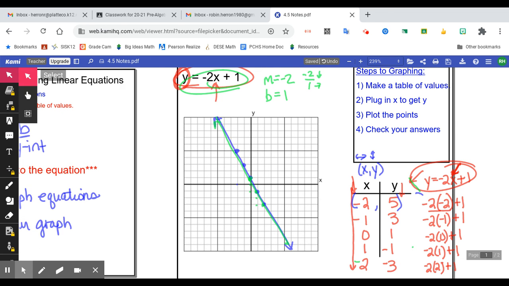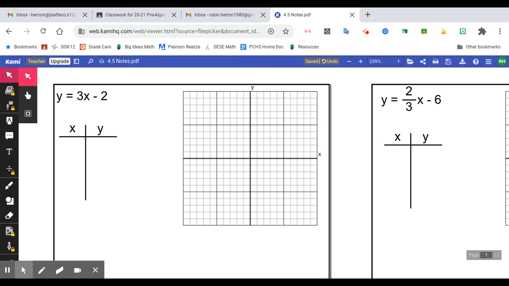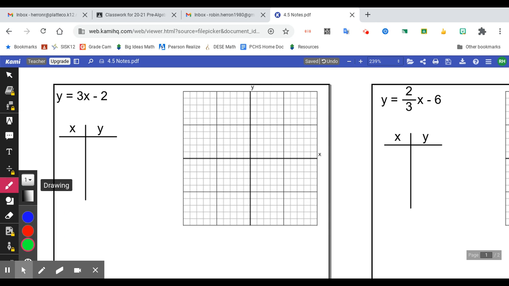All right. Next one. Here we go. y equals 3x minus 2. Okay, so same 5 points that we talked about last time. So negative 2, negative 1, 0, 1, and 2.